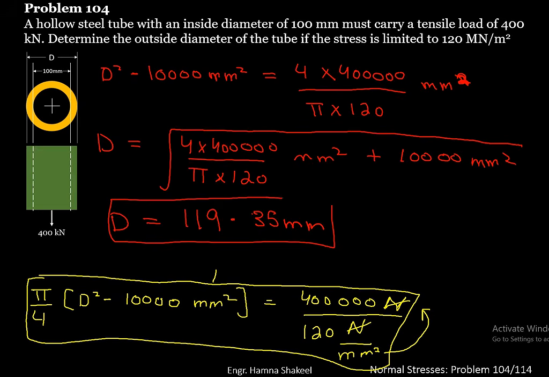So here is your answer. The outside diameter of the hollow tube shall be 119.35 millimeter on a condition that the stress is limited to 120 megapascals.